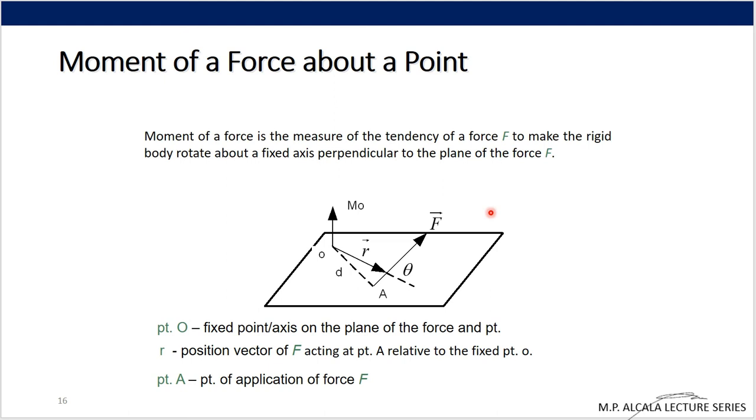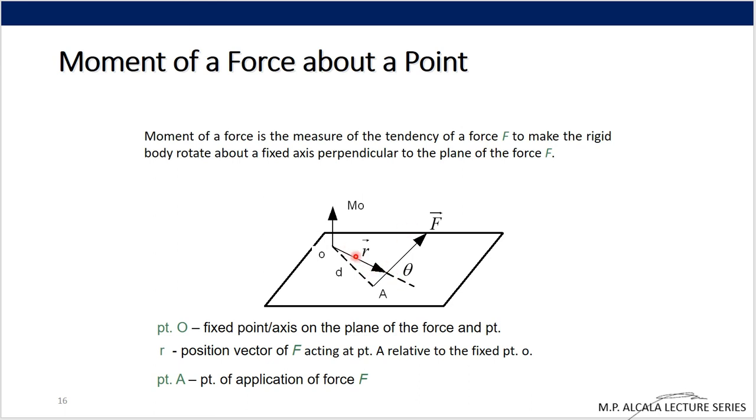The moment of a force is the measure of the tendency of a force F to make the rigid body rotate about a fixed axis perpendicular to the plane of the force F.